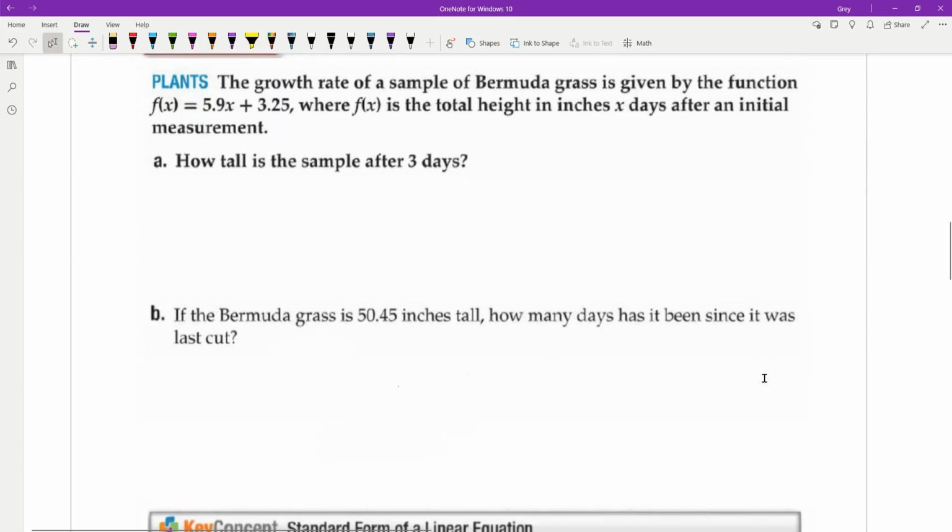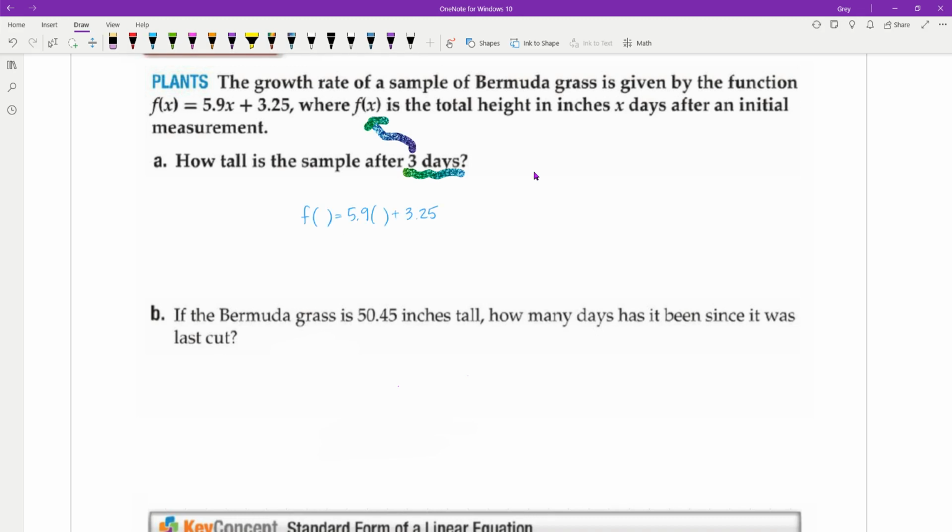So a quick little application. This is example 2. The growth rate of a sample of Bermuda grass is given by the function f of x equals 5.9x plus 3.25, where f of x is the total height in inches x days after an initial measurement. How tall is the sample after 3 days? Well, after 3 days, we're going to take 3 and plug it into f of x.